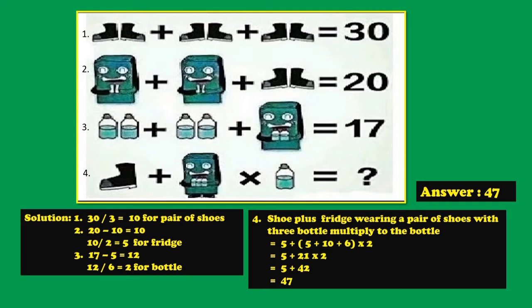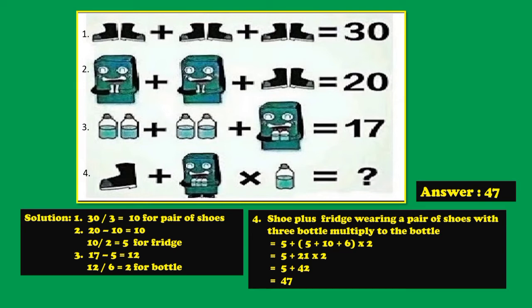So we have 5 because we only have a shoe. Since a pair of shoes is 10 divided by 2, which is 5, every shoe that we have is 5, added to a fridge, which is equivalent to 5, and 3 bottles, which is 6, and a pair of shoes, which is 10.